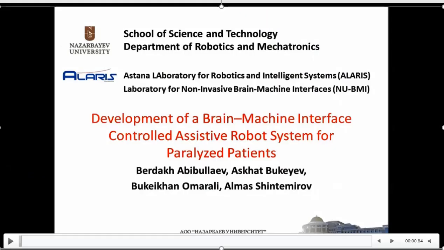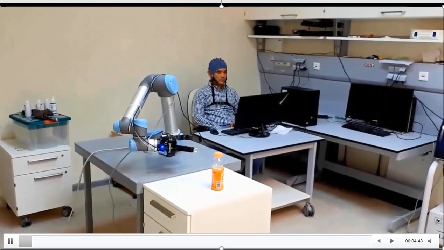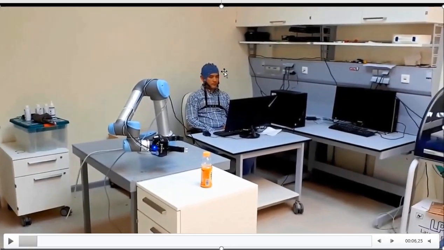Let's take a look at another example of a non-invasive brain-machine interface that can be used to control a robotic device. This is a little bit early work we have done in our lab at Nazarbayev University a few years ago. The task is very similar to the one we have seen. Let me just pause here. So you can see different components. We have a human subject, which is me, and there is a cap, like a swim cap, put on the scalp with sensors attached.